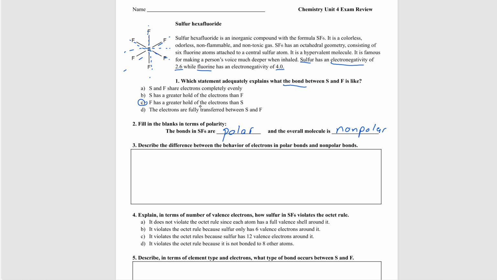So the bonds are polar because an individual fluorine is pulling stronger than sulfur on the electrons, but the molecule is nonpolar because you have all of those fluorines laid out evenly, and the pulls that they have cancel each other out, like an up pull cancels out a down pull.